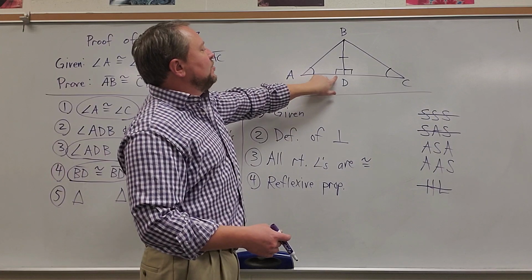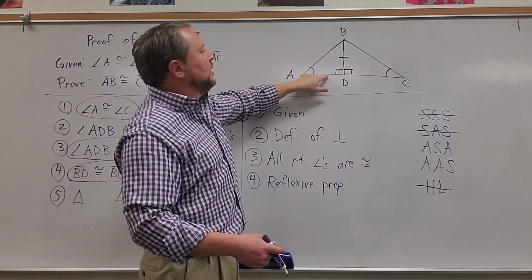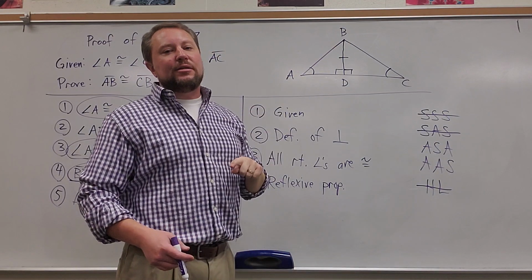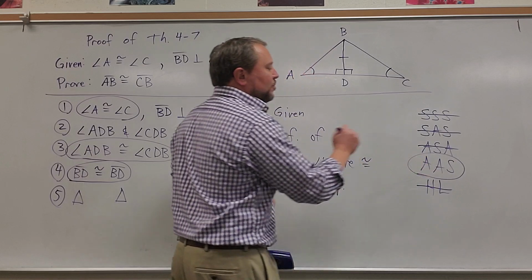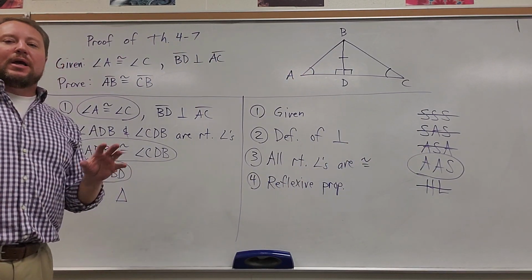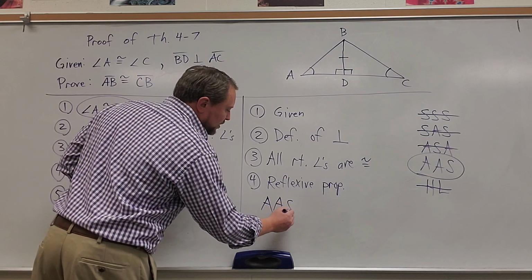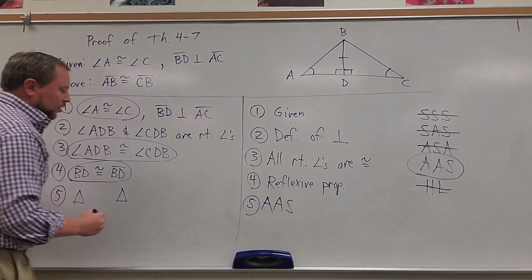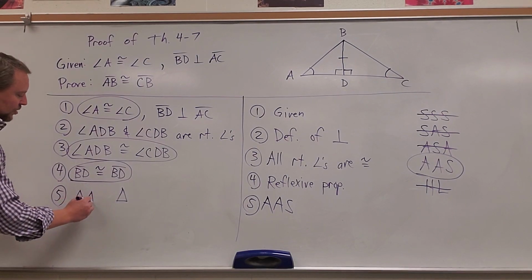Well, these 2 angles, the side that joins them right here at the bottom would be the side in between, and that is not the side in between. So I'm going to use this method, my newer method of AAS, to prove that these triangles are congruent. Don't forget to make the statement then over here that the triangles are in fact congruent.